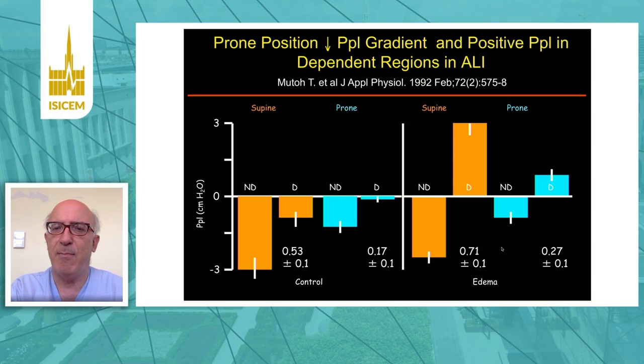And this is even more evident in patients or animals with edema or ARDS, when the gradient from non-dependent to the dependent part is much higher, with minus 3 centimeters of water in the non-dependent lung region and plus 3 centimeters of water in supine position in the dependent lung regions, while there is a more homogeneous distribution of pleural pressure in prone.